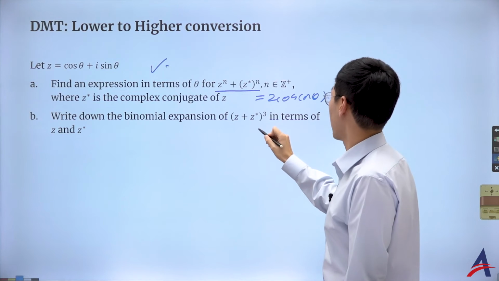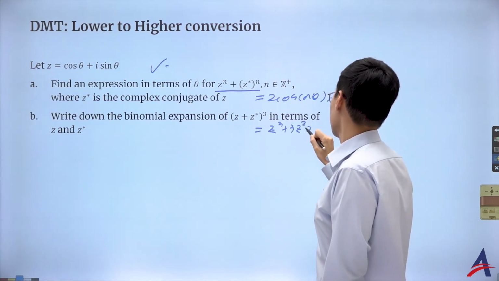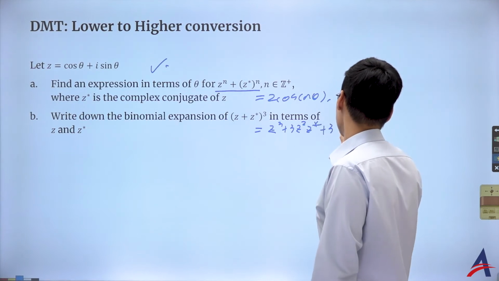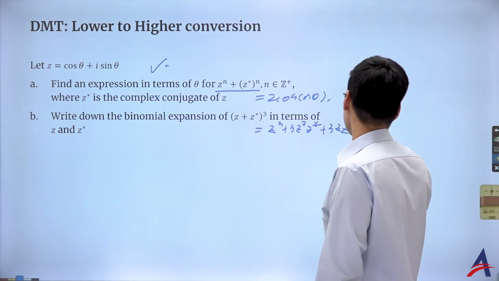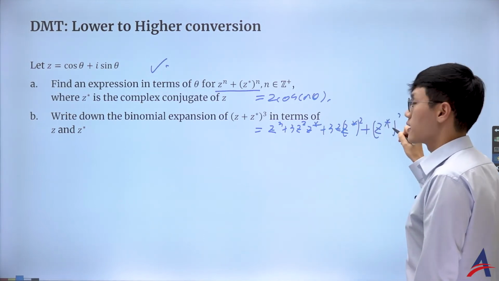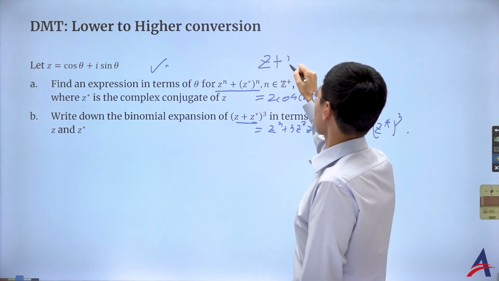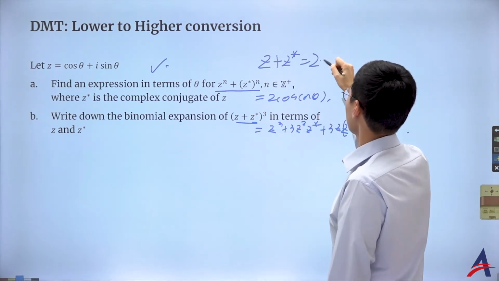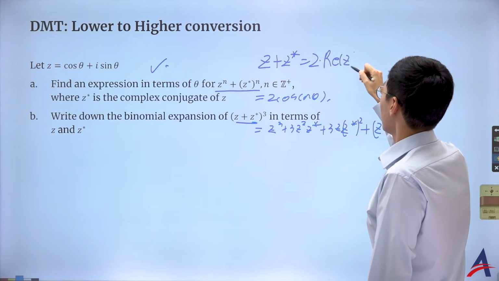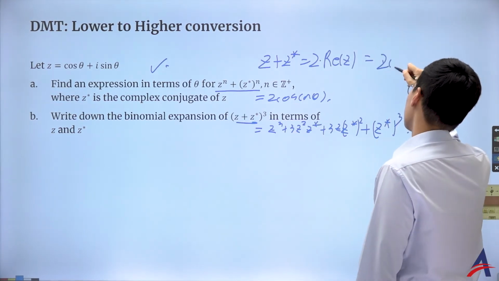So it's going to be the binomial expansion: z cubed plus 3 z squared z conjugate plus 3 z z conjugate squared plus z conjugate cubed. Right, that is lovely. And what we just showed was that z plus z conjugate is twice the real part of the complex number, but we let z be cis theta. Its real part is simply cosine, so it's going to be 2 cosine theta.